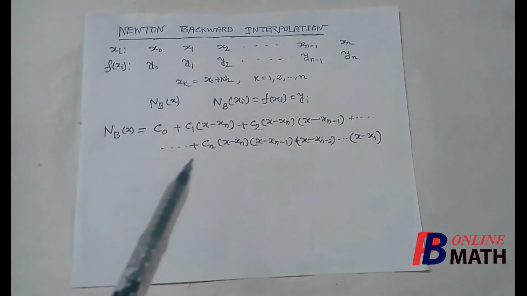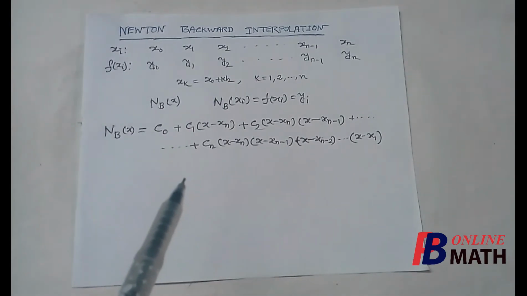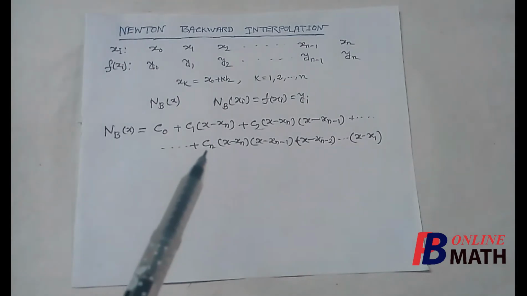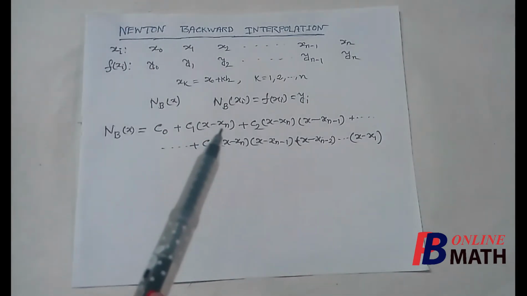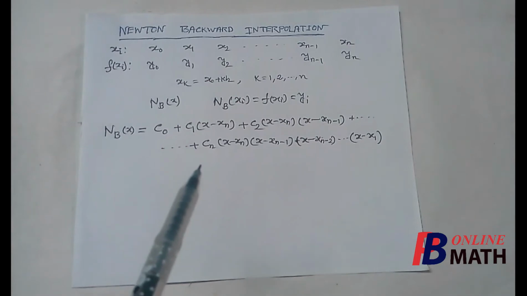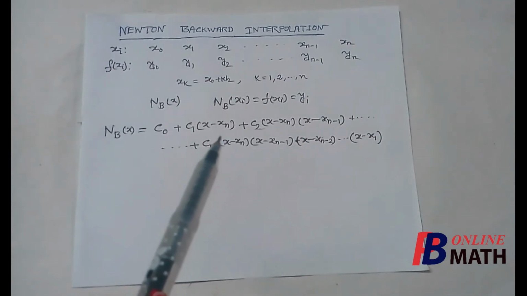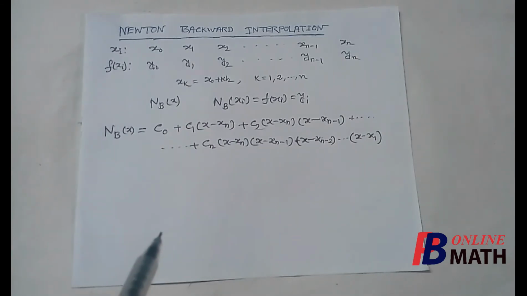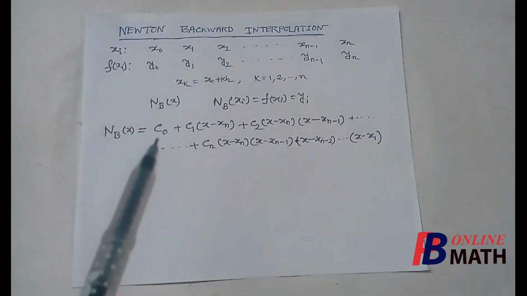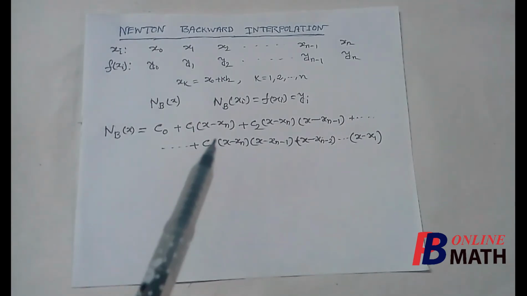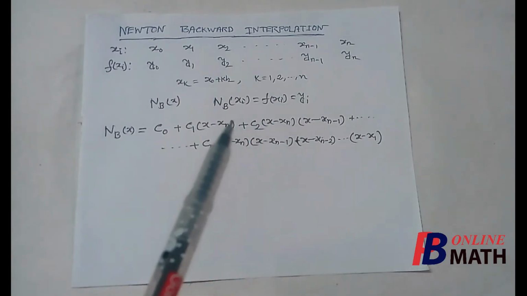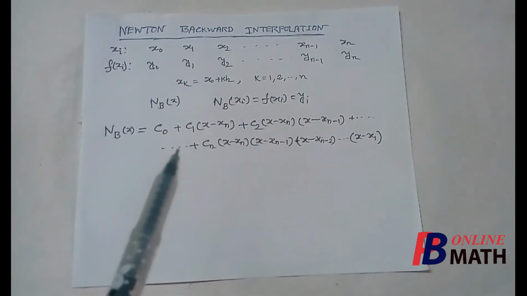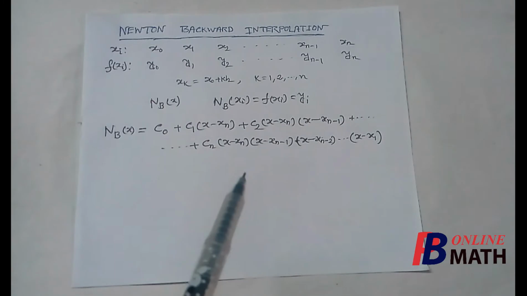Just remember the difference: in the forward interpolation formula, we had assumed x minus x0 here, and in the backward formula we are assuming x minus xn. So we are starting from the end. There are n plus 1 coefficients, c0, c1, c2 up to cn, and using the n plus 1 conditions, we shall evaluate them.